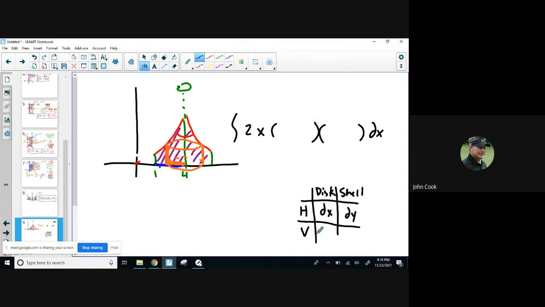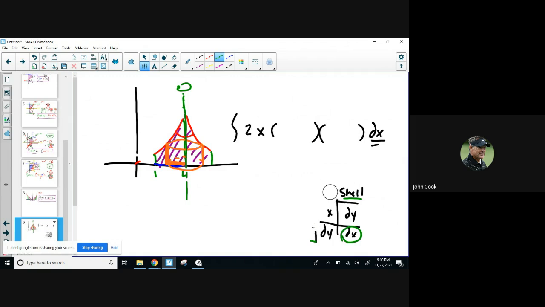If you're rotating around a vertical line and it's disk method, then it's going to be dy. And if you're rotating around a vertical line and it's shell method, it's going to be dx. That's why I know that it's dx, because it's rotating around a vertical line right down the middle. So I'd be like, oh okay, vertical line, shell method, dx. It's an easy way to tell which variable you're going to be using.